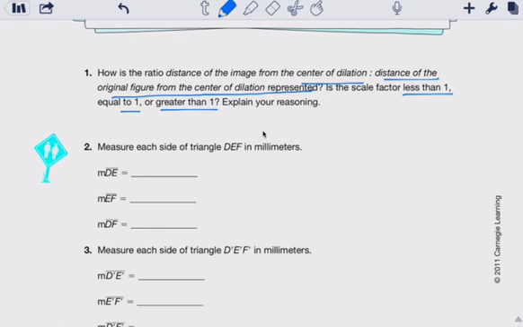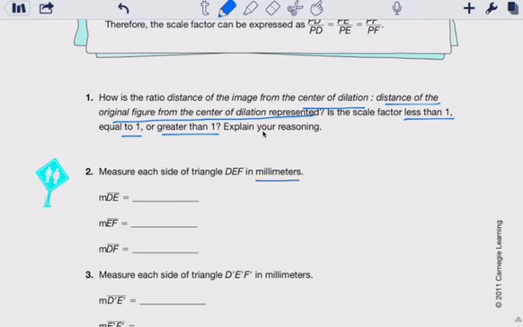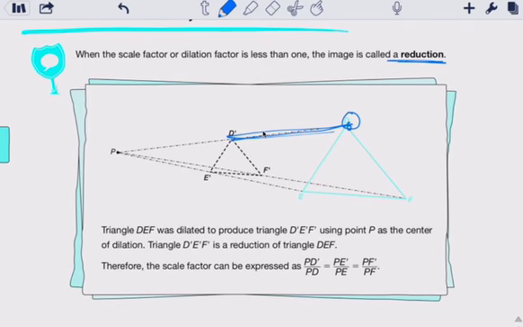Okay, measurement in millimeters. If you have a hard time counting, remember we did it in class. We measured it, and you can measure with your ruler, the measurement from point D to E, this point right here, just measure it with your centimeters.